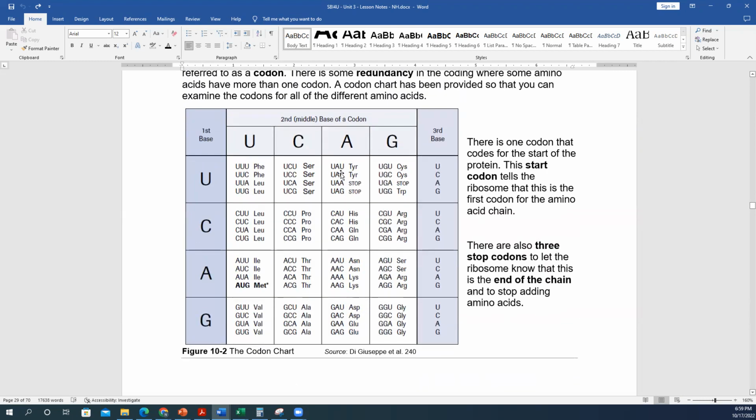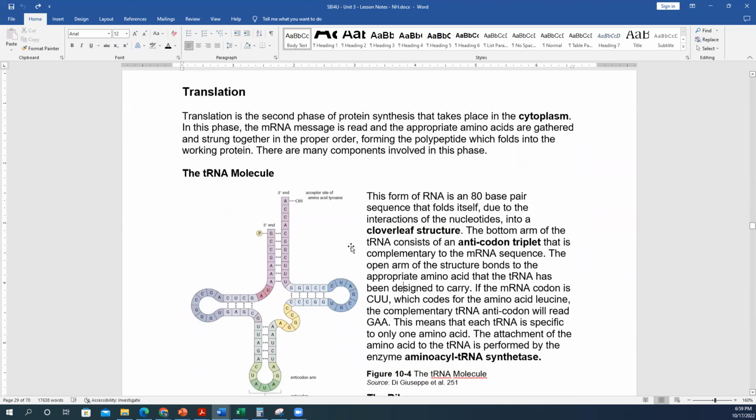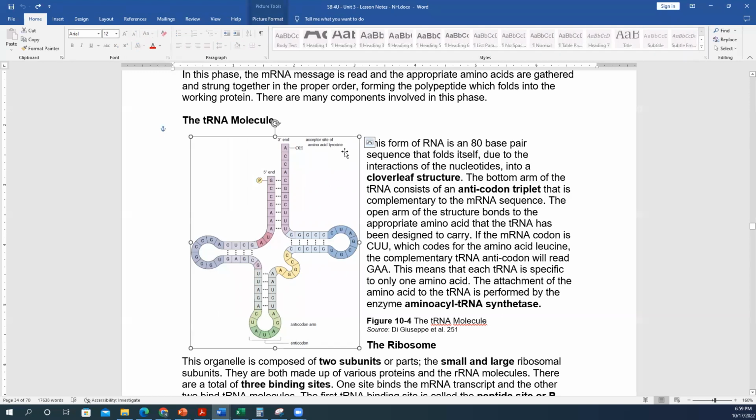So when the mRNA sequence has a UAU and it is recognized by a tRNA that recognizes it by virtue of having an AUA, at this end, the acceptor site of the amino acid, it would be a tyrosine. And actually it says it right here in this picture that this is a tyrosine tRNA.